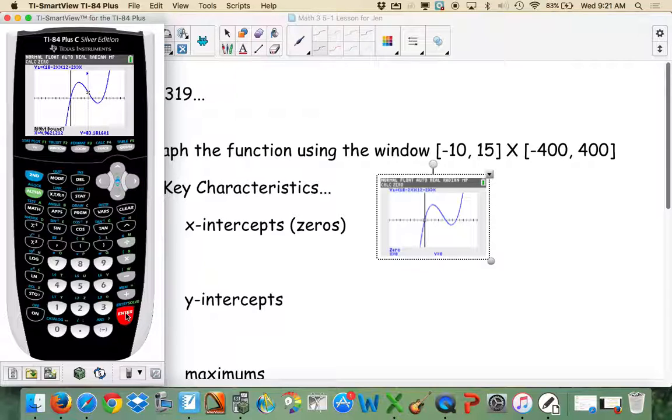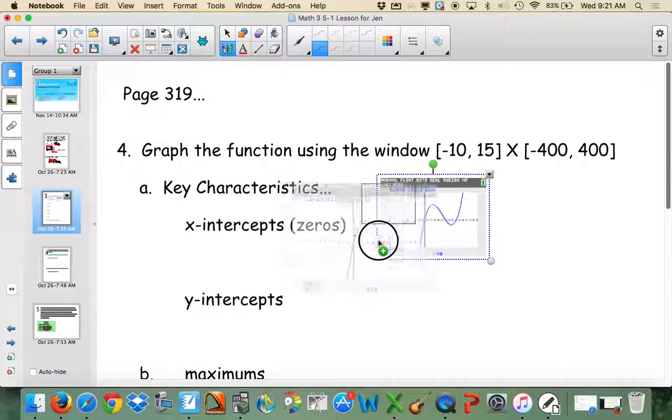I press enter. And then I'm going to arrow over to the right of where it looks like it's going to cross, and I hit enter. And then I enter one more time to guess. And it says 6, 0. All right, so we were right on our estimation.